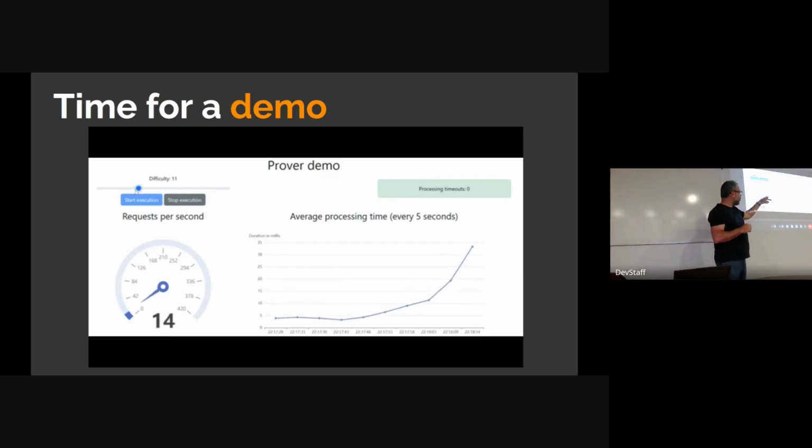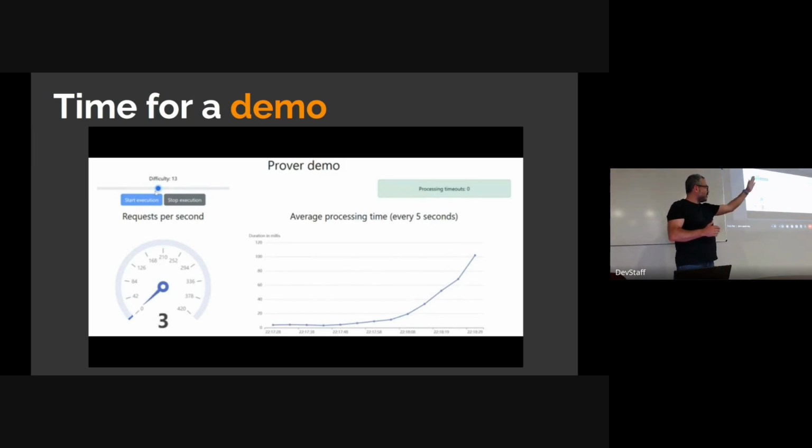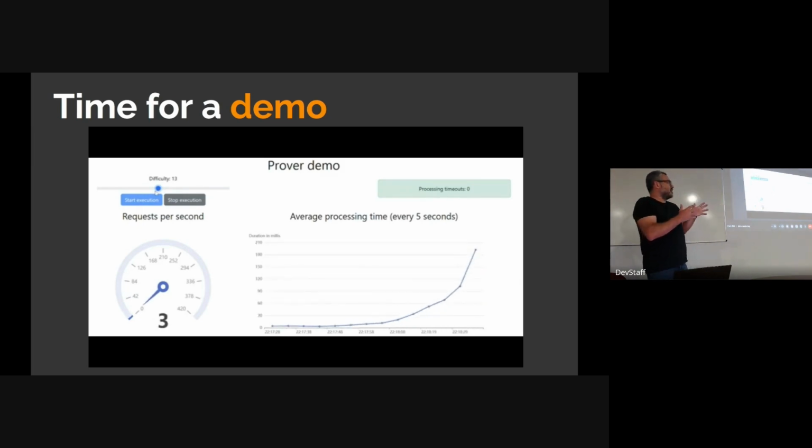The next graph shows the average processing time, and it's calculated every 5 seconds. And the green is the number of timeouts. I have set the timeout at 6 seconds. If I'm not able to solve the puzzle within 6 seconds, then I give up. So as you see, as I increase the difficulty, the problem becomes exponential, and at some point it cannot solve it.